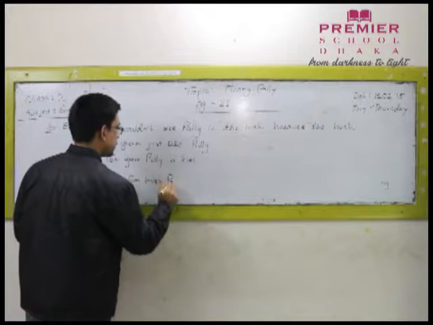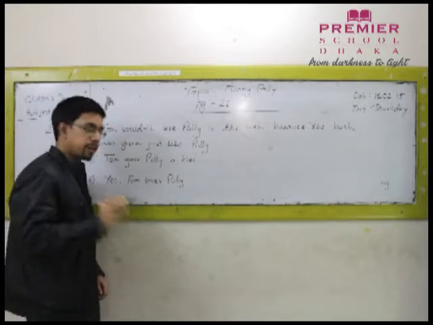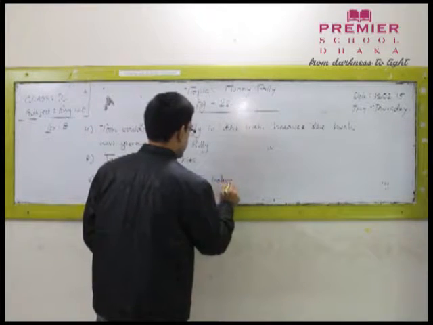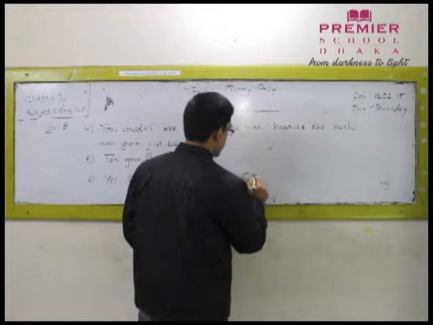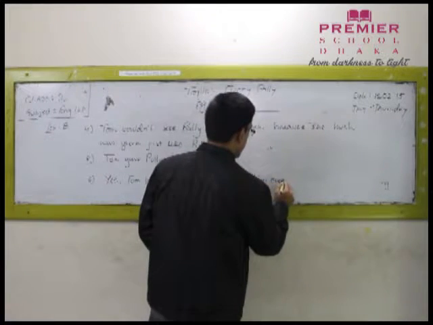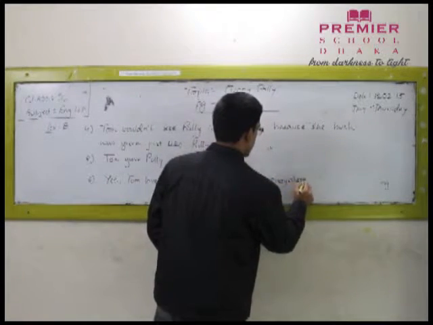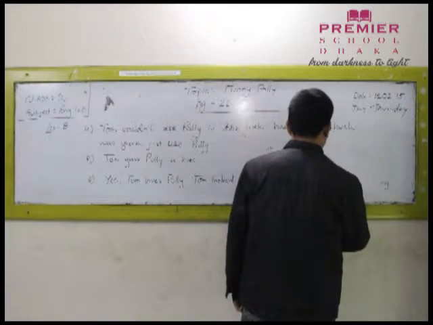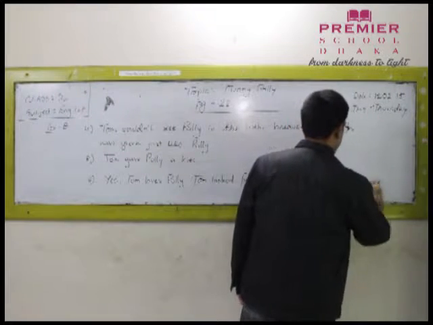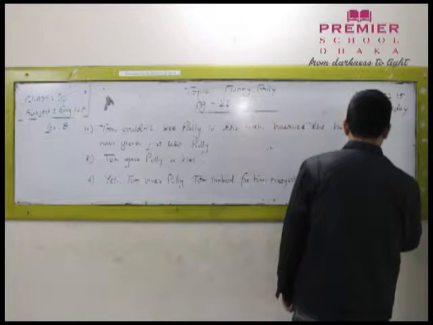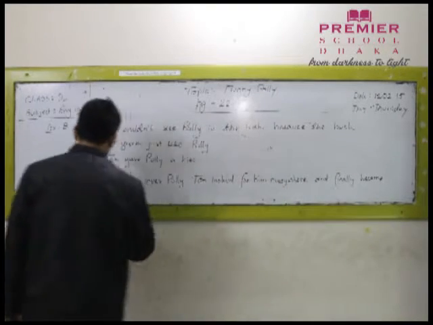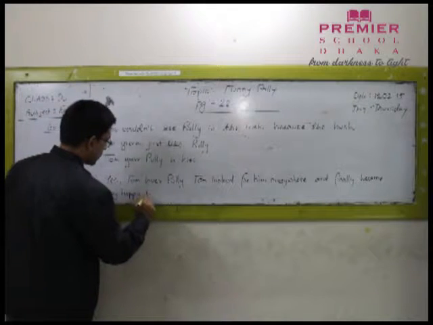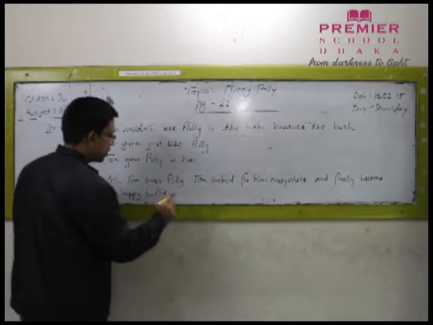Tom loves Polly because Tom looked for him everywhere and finally became very happy to find him.